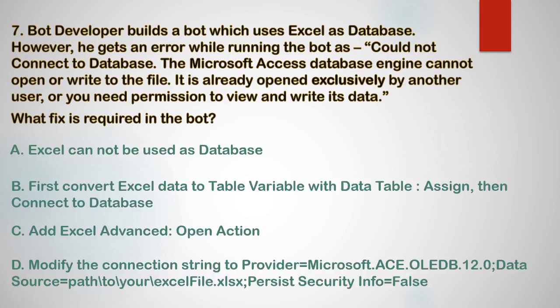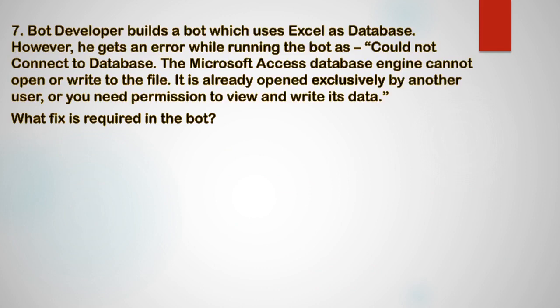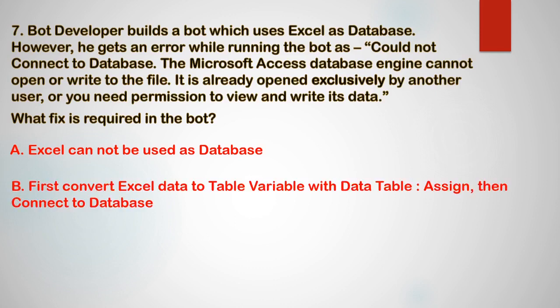Now if I analyze the options, the first option, Excel cannot be used as a database, is an incorrect statement. We can use Excel as a database. We have already done a video on that. The next option, first convert Excel data to a table variable with the assign action from the data table package and then connect to the database, is also incorrect.